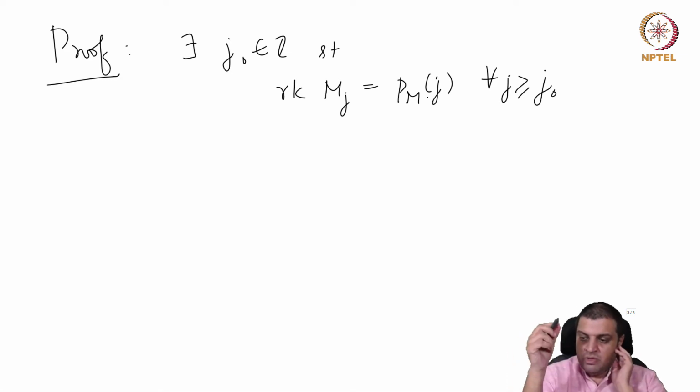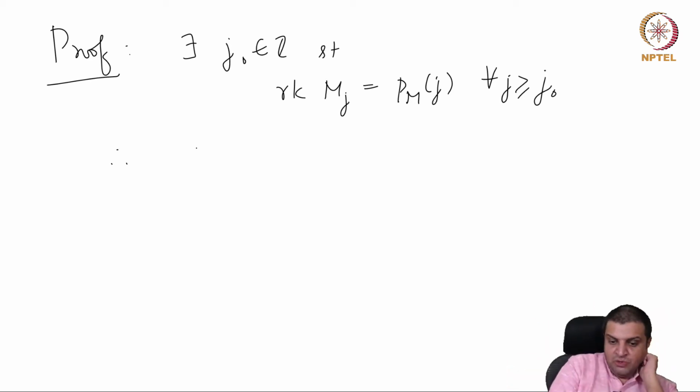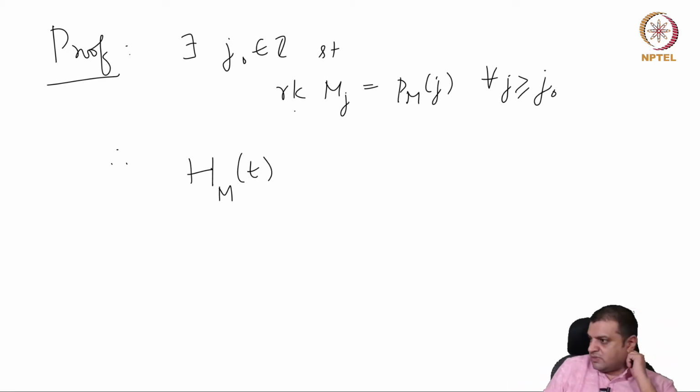So this is true. Therefore, we look at the following two sums: Hm of t, the generating function for this sequence of integers, and on the other hand, we look at this.